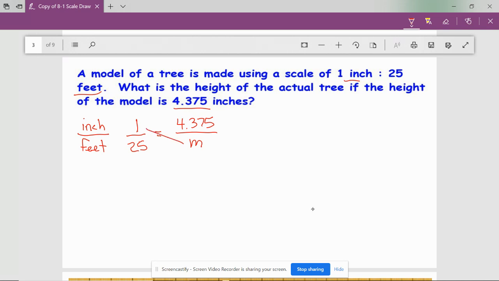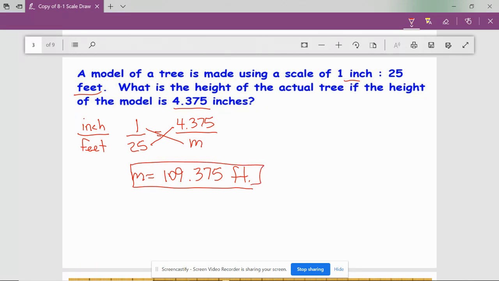Then we do our cross multiplication, multiplying those two numbers and those two numbers. 1 times m is m, and it equals 4.375 times 25, which gives us 109.375. Remember, feet is on the bottom, so we need to label that.